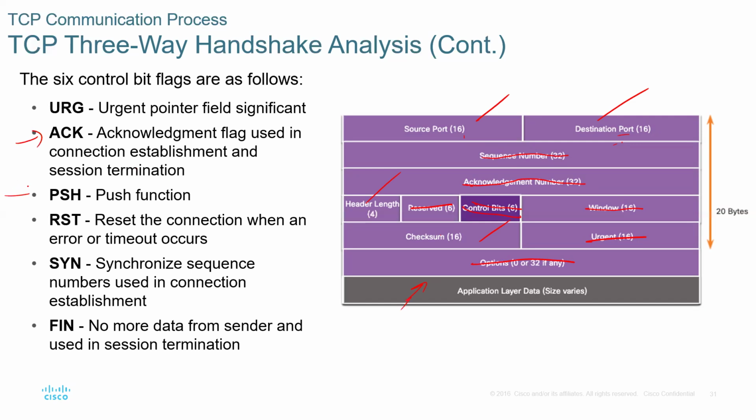Then we have the push function, which is used usually for applications. For some applications, data as soon as it is received gets pushed to the application layer. I think we'll talk about this later. So with these control bits being highlighted, the push function: data, as soon as it is received, is carried to the upper layer, which is the application layer.